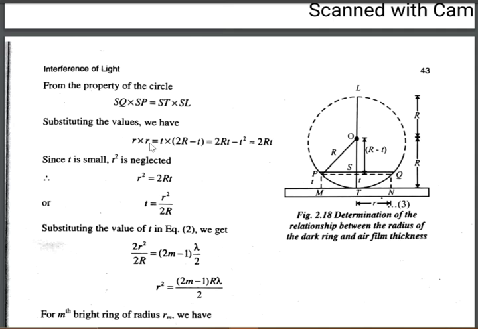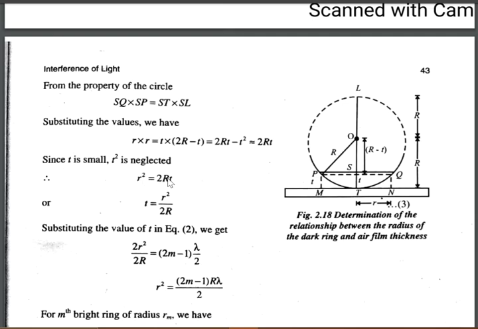Even SP is small r, ST is the thickness t, into SL is 2R minus t. That is clear from the figure. If you simplify this, it is 2Rt minus t square. Since t is very small compared to capital R, ignore t square. So it is equal to 2Rt.